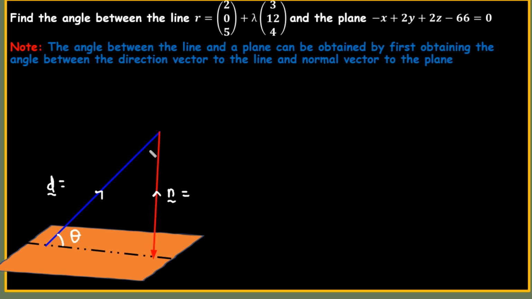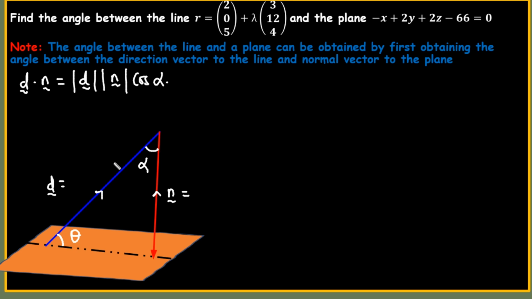So we are going to get the angle between D and N, which is alpha. Okay, so how are we going to do it? We are going to obtain it using the dot product. So D dot N is equal to the absolute value of D times the absolute value of N, then cos of angle alpha.